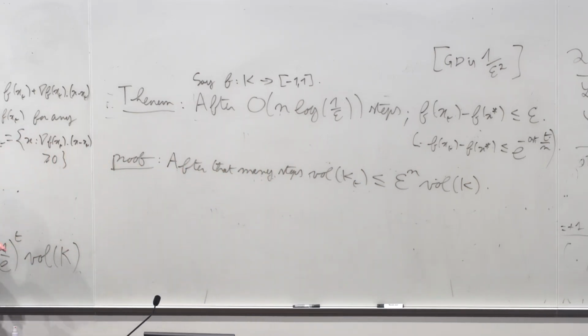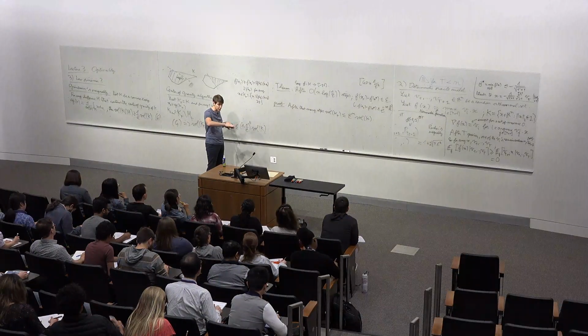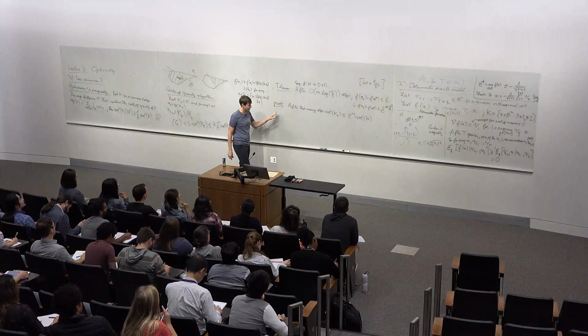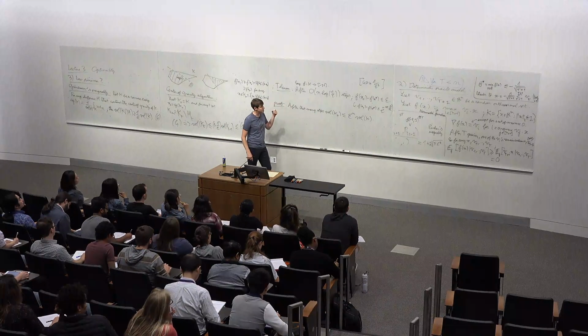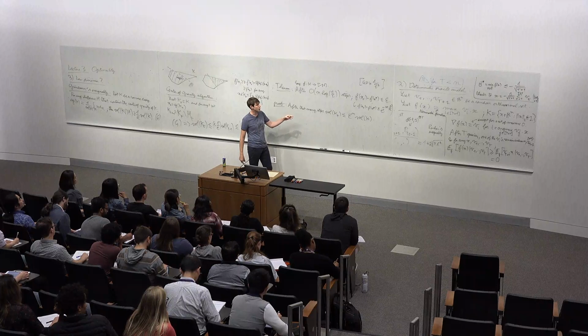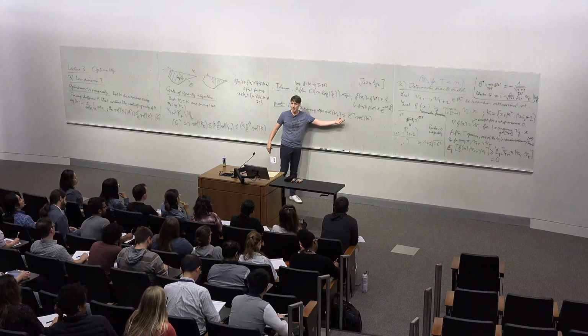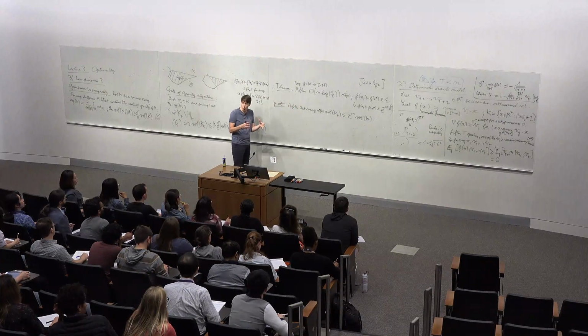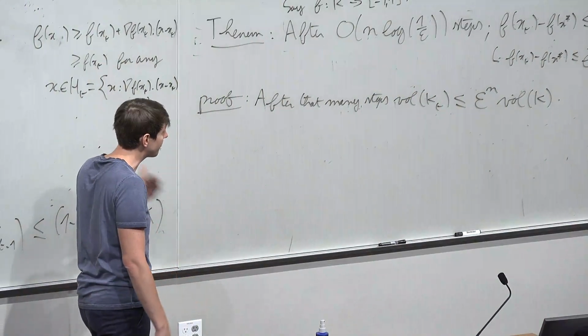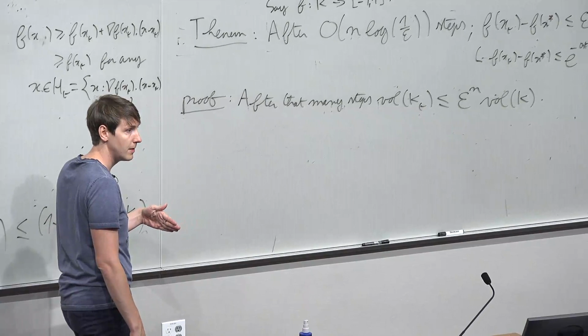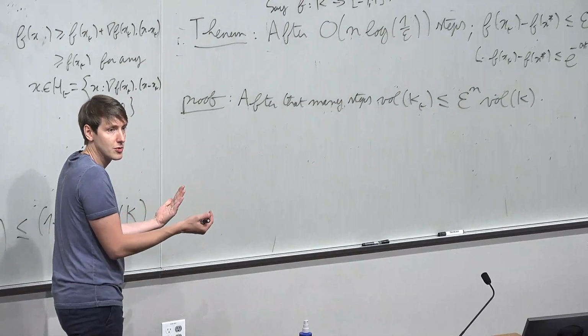Note, when the volume is small, it does not necessarily mean it's actually tiny. It could be like a small pancake, but it doesn't matter for what we're going to say. Next, I'm going to say that there is a region of good points which has volume bigger than this. If so, it must mean that I have cut one of those points before. So I am better than one of those points.